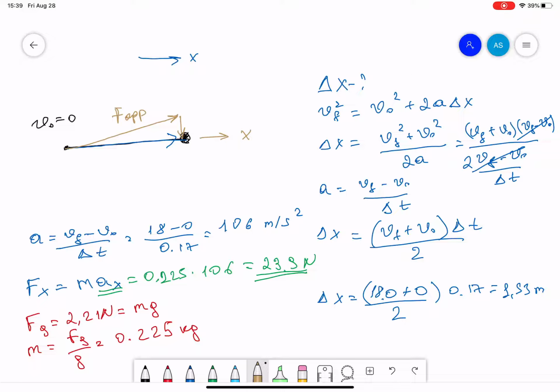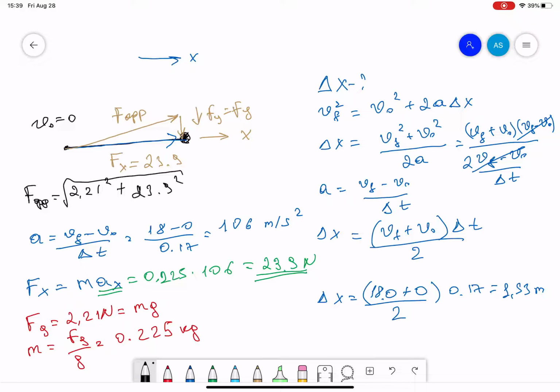So how can we find F applied? This is our Fx, which was equal to 23.9, and then we have Fy, which is our Fg. Using the Pythagorean theorem, F applied is equal to the square root of 2.21 squared plus 23.9 squared.